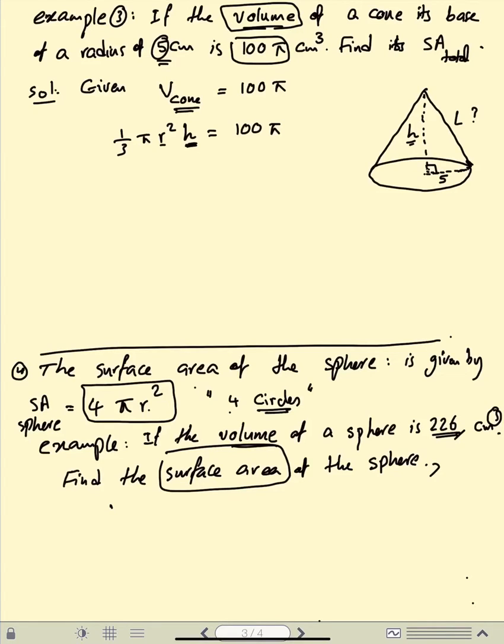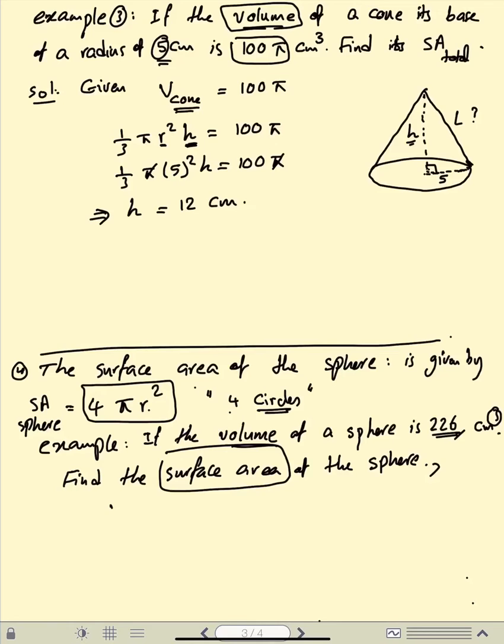We are given r, so this will be one third pi, 5 squared, h is equal to 100 pi. Pi with pi, they cancel each other. 3 times 100, or use the calculator. So h is equal to 300 divided by 25, 12 centimeters.